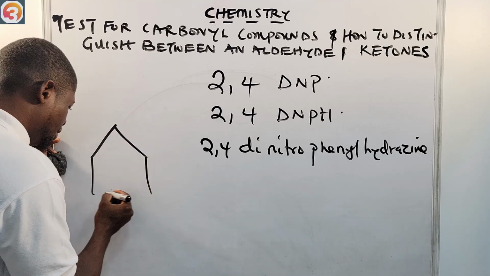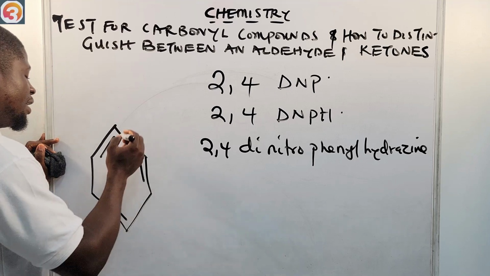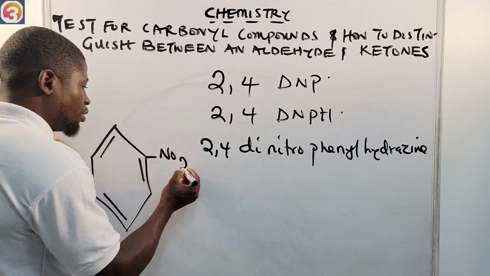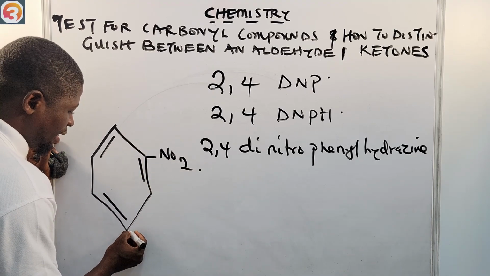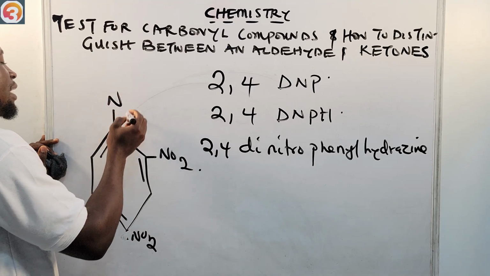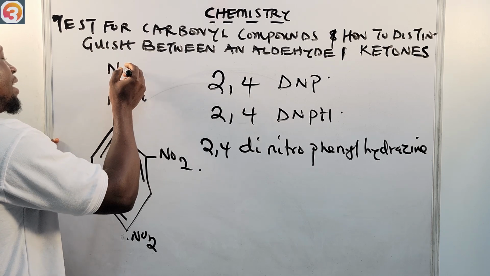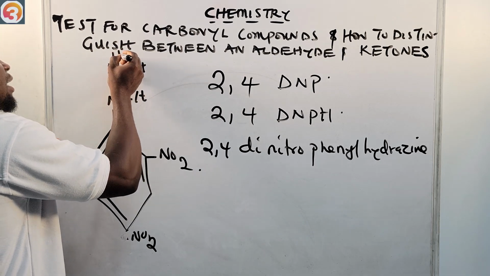So you have your benzene ring with alternating double bonds. Then you have your nitro group on this second position, and your nitro group here also, NO2. Then here you have your nitrogen bonded to a hydrogen. Then this nitrogen is bonded to another nitrogen, bonded to a hydrogen and another hydrogen.